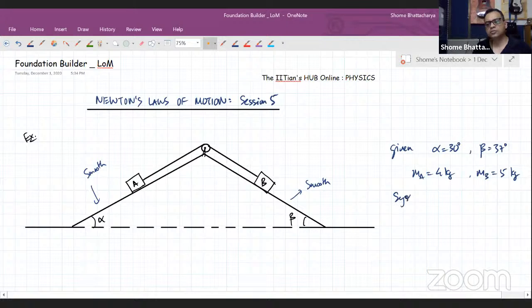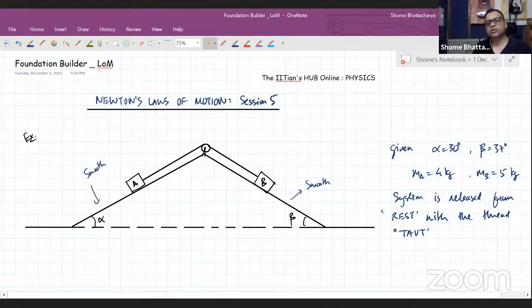So this system is released from rest with the thread tight or taut.